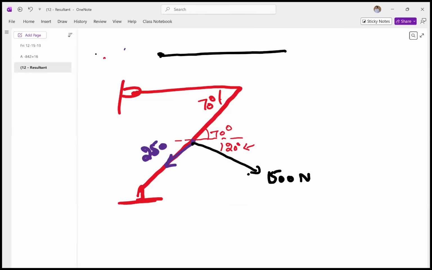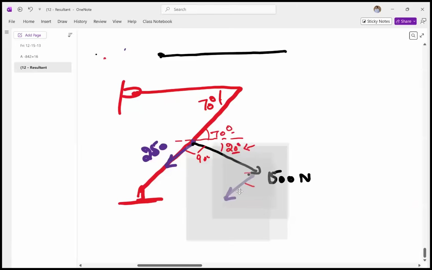If this is 70 and this is 20 degrees, this angle will be 90 degrees, so it is a right angle triangle. I'm going to take this vector and move it on this side, and this angle is 90 degrees here.